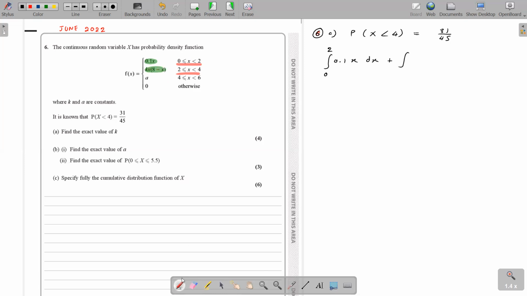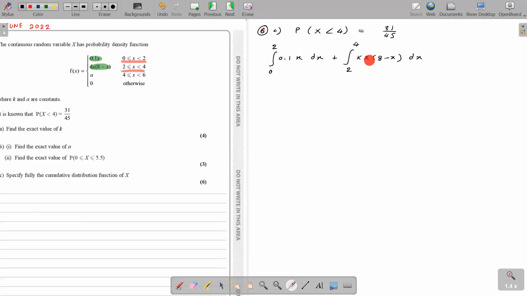So this kx times 8 minus x, you integrate between 2 to 4. So this will give you the total area, or the probability that x is less than 4, and that equals 31 over 45. So it's just a matter of solving this equation.